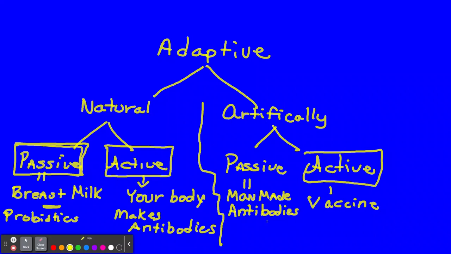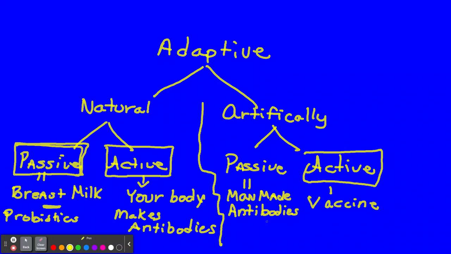So again, let's review. With adaptive, it's something you're not born with. It has memory. It's going to remember it created these antibodies for a specific, remember, it's a specific antigen, whereas innate was a general response to anything. Now, an adaptive, remember, you're not born with it, but it could be natural or artificial.